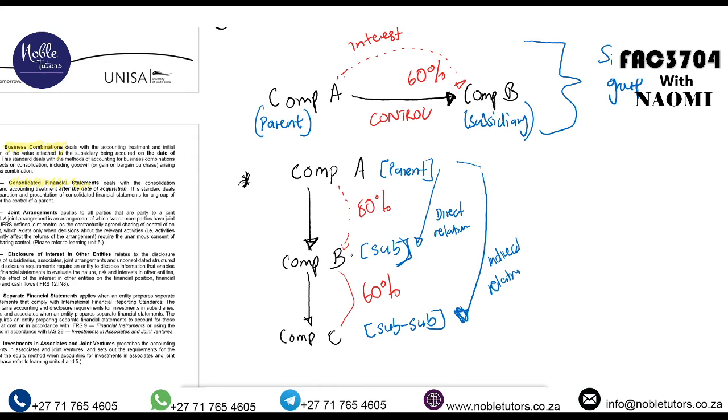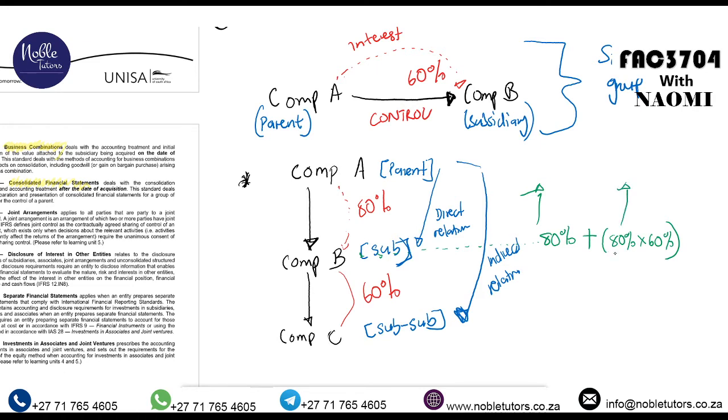So I just want to talk a bit on company B. I want to use a different color. So here's company B. Company B must give 80% of their profits to company A. Plus, if they're receiving this 60%, they must also give 80% of that 60%, because this 60% is a profit that they received in the subsidiary as well.